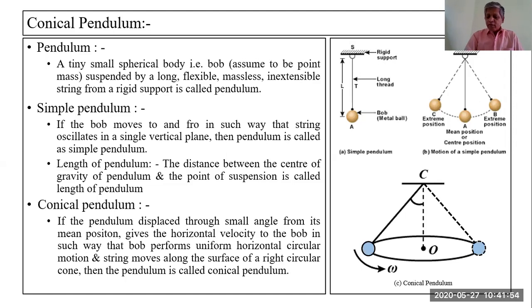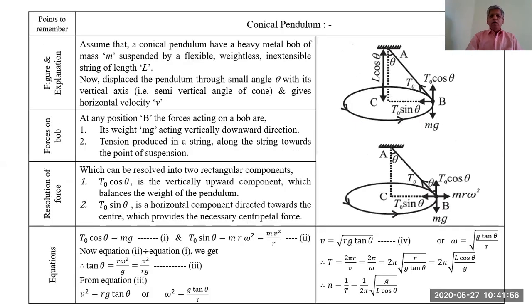In these applications, we can find the period of oscillations or frequency of oscillations of the conical pendulum. Here also the points can be remembered by using this four-point figure and explanations: forces on bob, resolution of forces and equations. These are the four points.